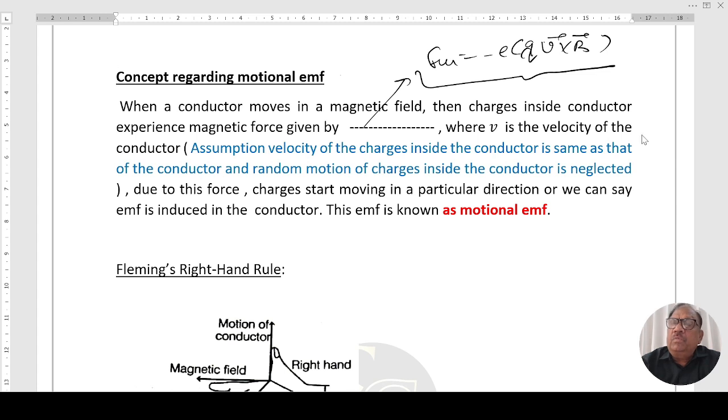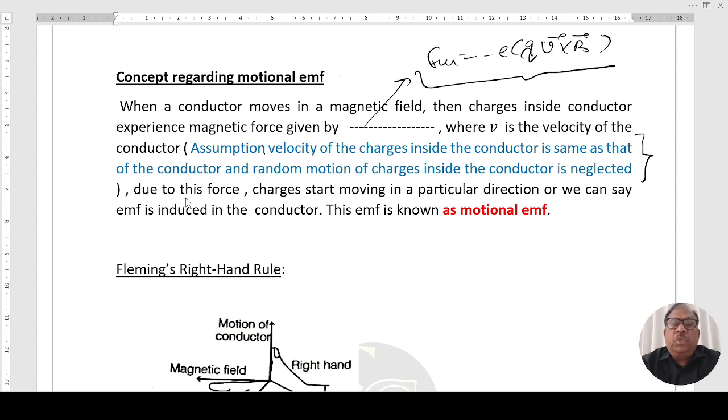In this case, what assumption is very important? The assumption is that the velocity of the charge inside the conductor is the same as that of the conductor, and the random motion of the charges inside the conductor is neglected as compared to the velocity of the conductor.